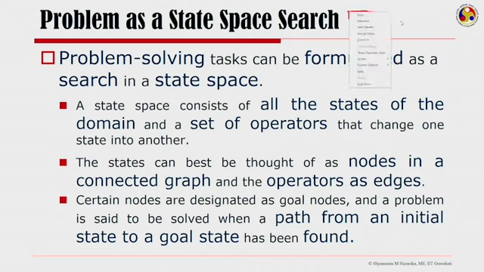So, let us say we have taken the problem to find out the solution of an 8 puzzle game. An 8 puzzle game has a 3 cross 3 matrix where numbers are written 1, 2, 3, 4, 5, possibly 6, 7, 8, with one of the tiles unoccupied, so that you can move that tile.